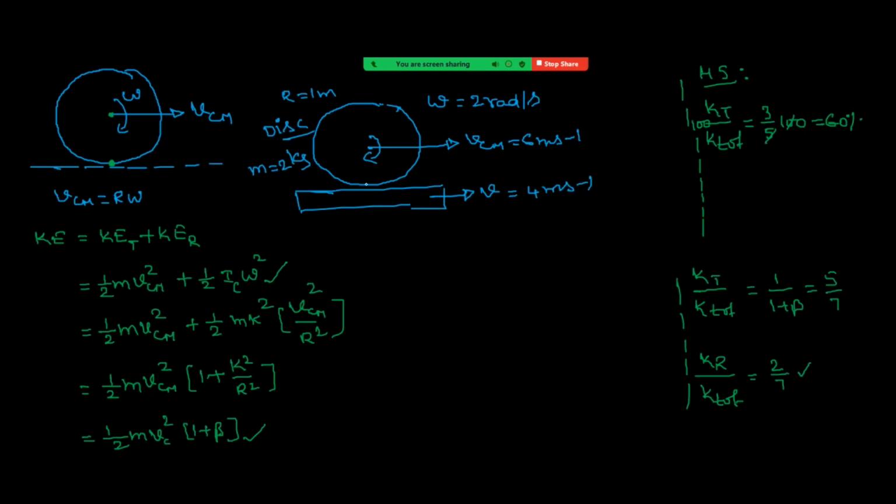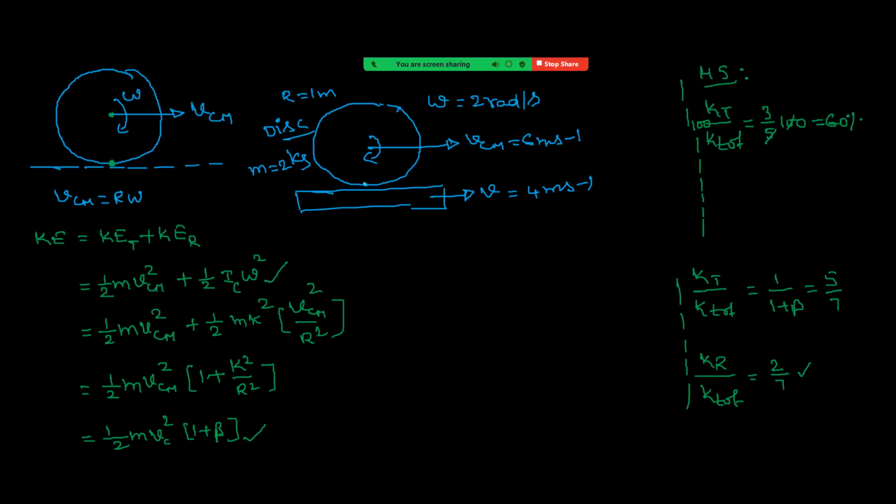We can cross check now the contact point velocity. Because of translation, the contact point velocity is 6 meter per second. Because of rotation, R is 1, omega is 2, so R omega is 2.